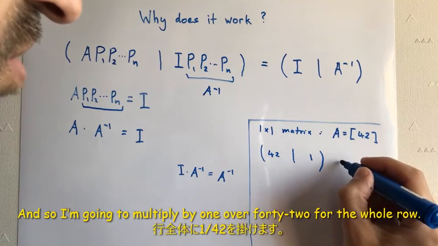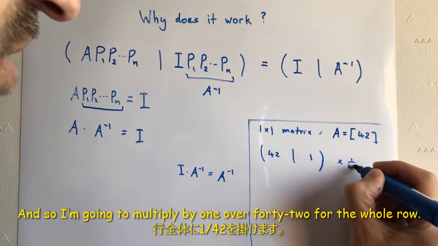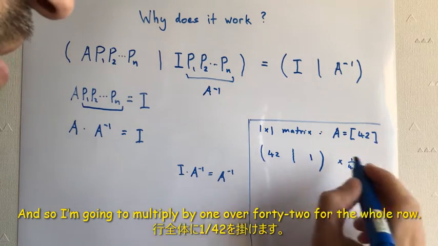So I'm going to multiply by 1 over 42, the whole row.